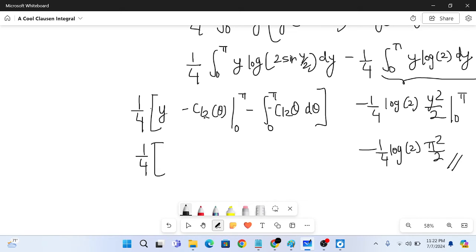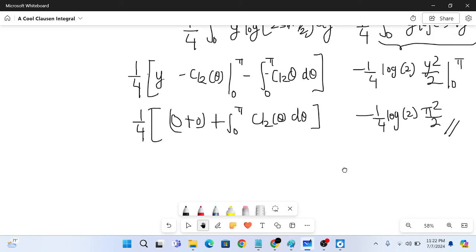Pi times CL2 of pi is just 0, and at both points this is just 0. Because CL2 has pi in it, that will be 0 in both cases. Good, I'm going good. Now this is plus the integral from 0 to pi of CL2 of theta d theta.